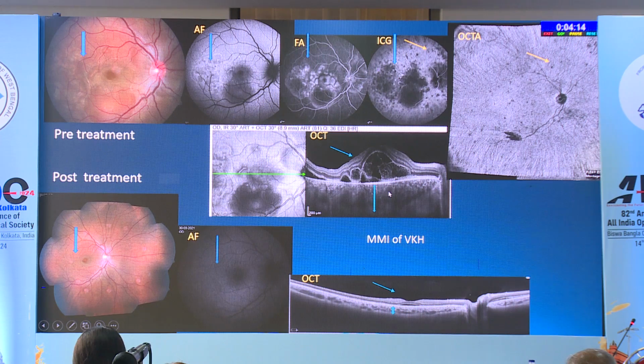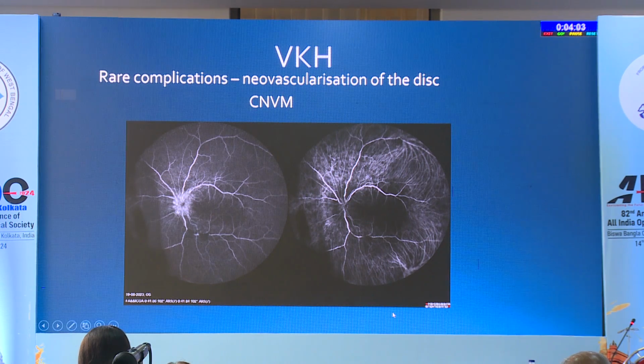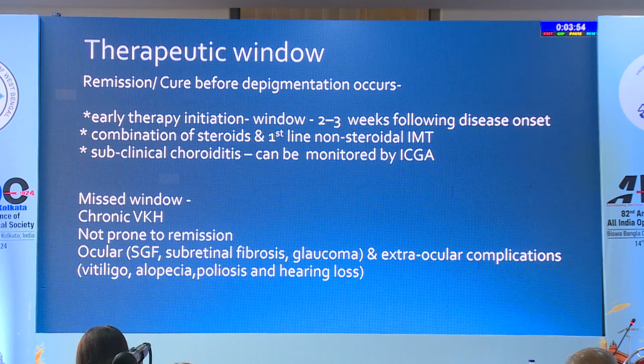And the SS-OCT is also very important in picking up the septate subretinal fluids and the choroidal thickness, which dramatically improves with treatment. Some of the rare complications are neovascularization of the disc, which we saw in this patient of VKH, and some CNVM.